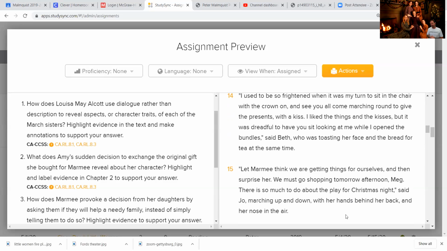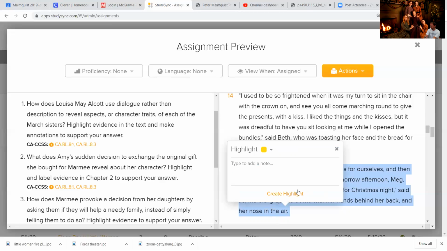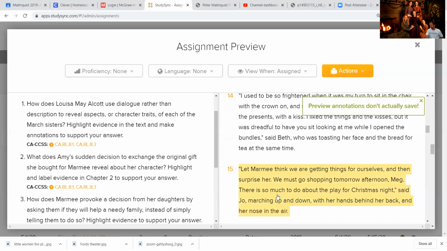What here in paragraph 15 suggests that? Where's the dialogue? The dialogue, again, is in the quotation marks. Here, highlight this part. You're going to put in some notes here.